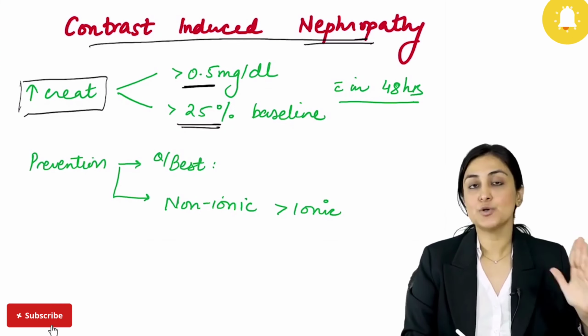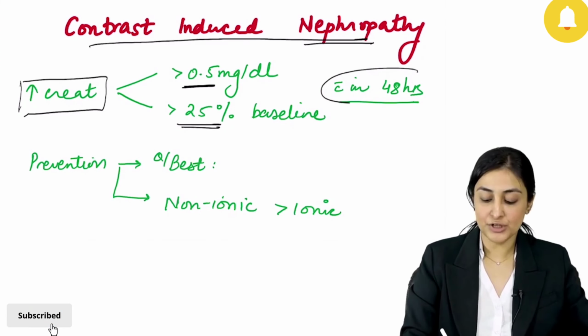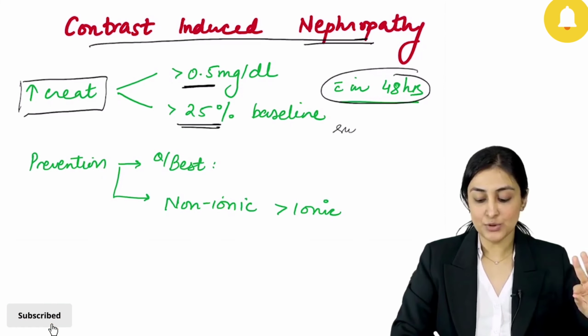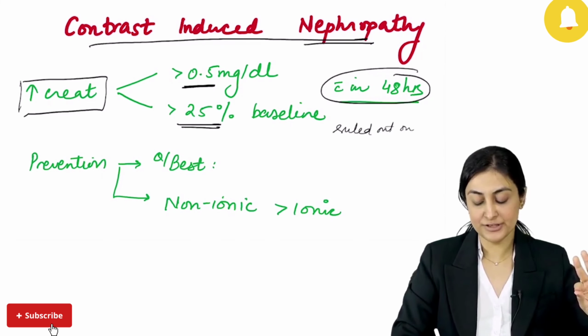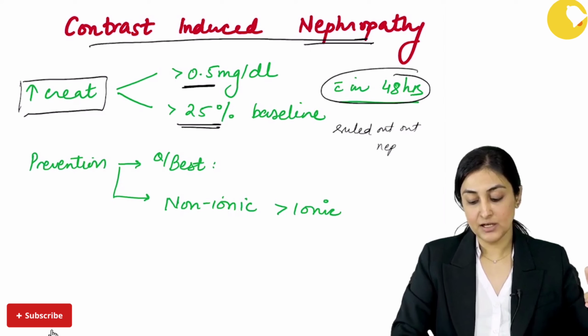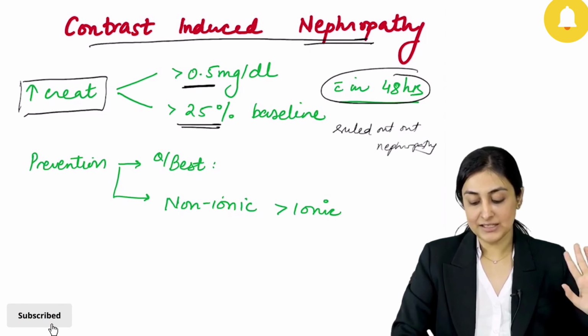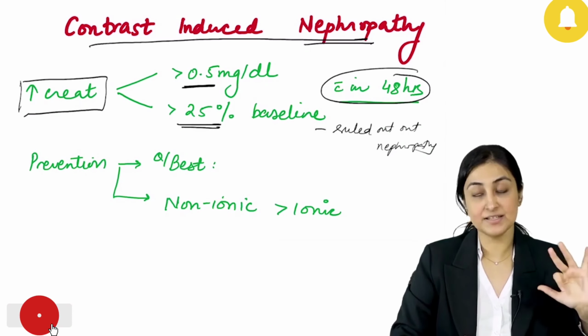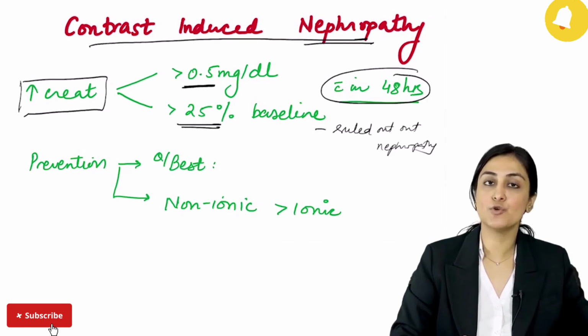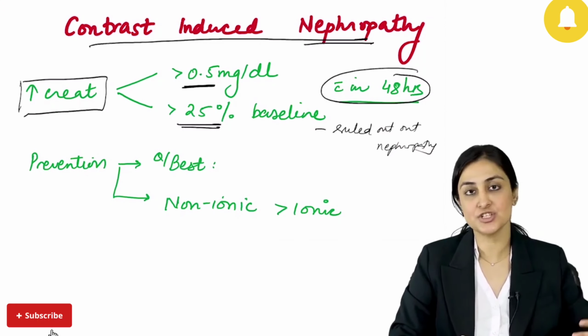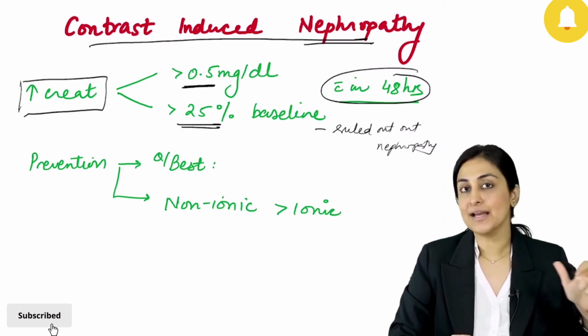Okay, so 25% or 0.5 increase within 48 hours and you have ruled out any other cause of this acute kidney injury. So any other cause has to be ruled out and these are the values. It has to happen within 48 hours of contrast administration and this is called CIN.